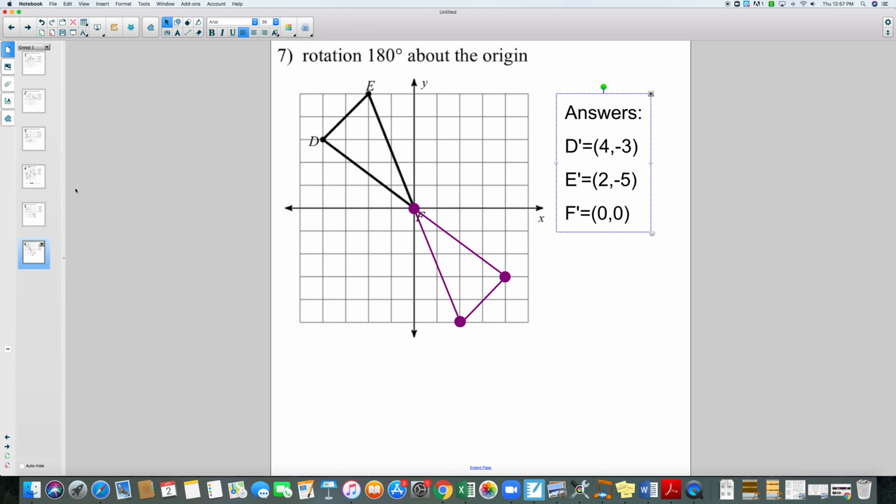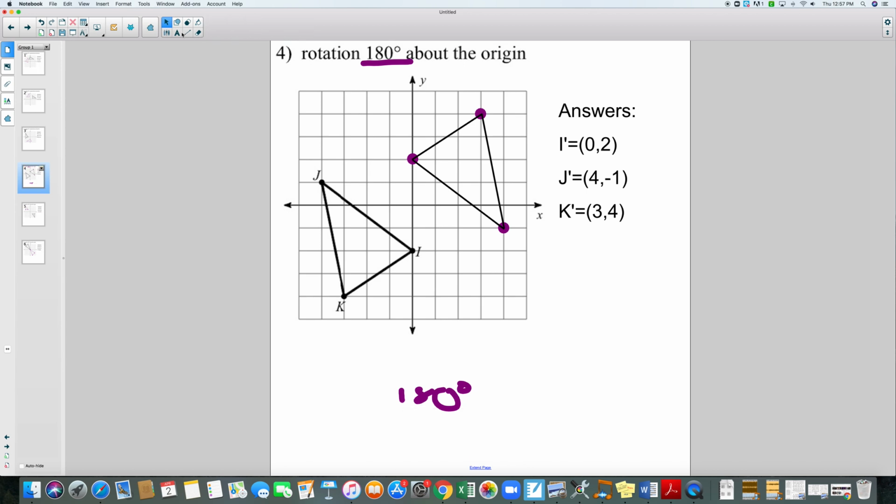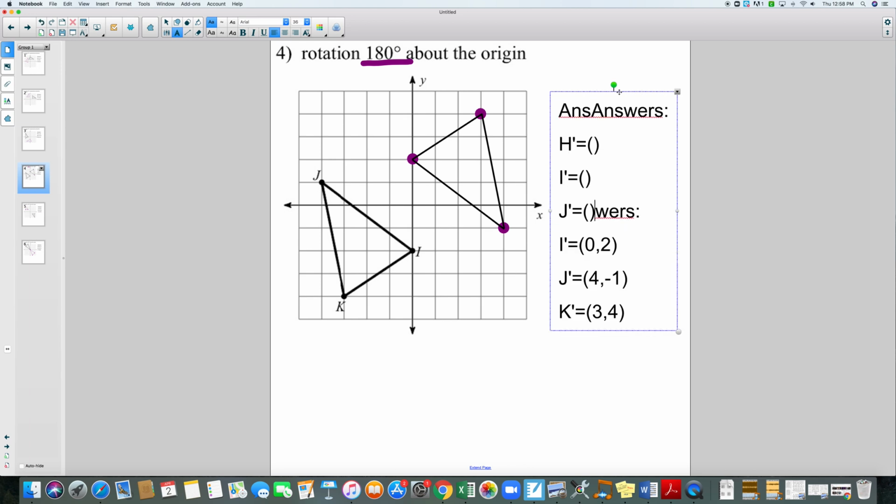All right. Now let me go back to the fourth example, and we're still talking about 180. There's something I want to show you. All right, let me get this tool here. Let me copy this.